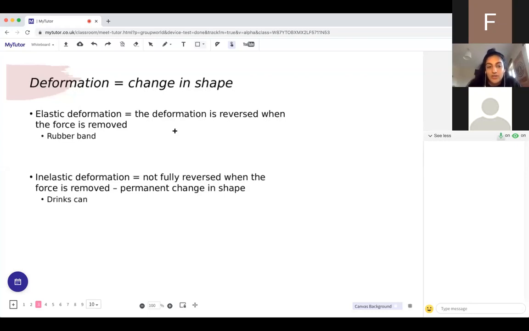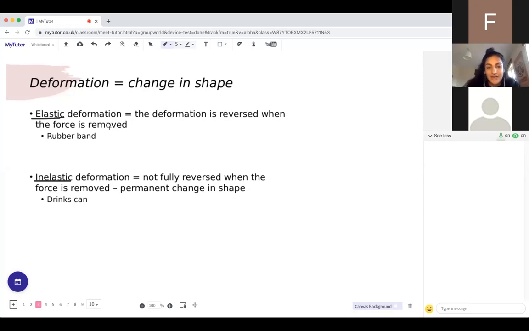It's not a negative thing. For deformation, we have two different types: elastic and inelastic. They're complete opposites of each other.